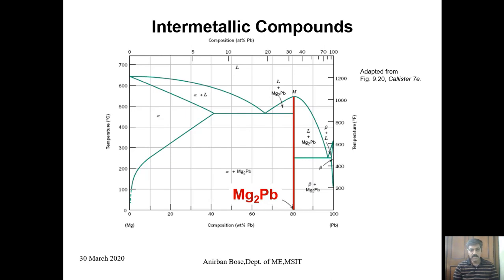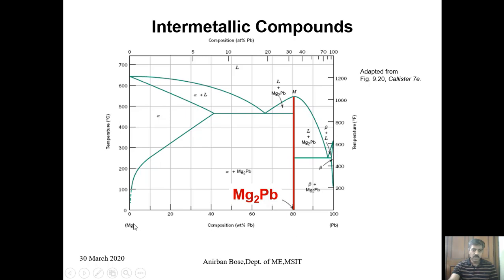As we have already seen, some of the primary solid phases are produced because of the solid solution. That means in this diagram you can see this is a diagram of magnesium and lead.